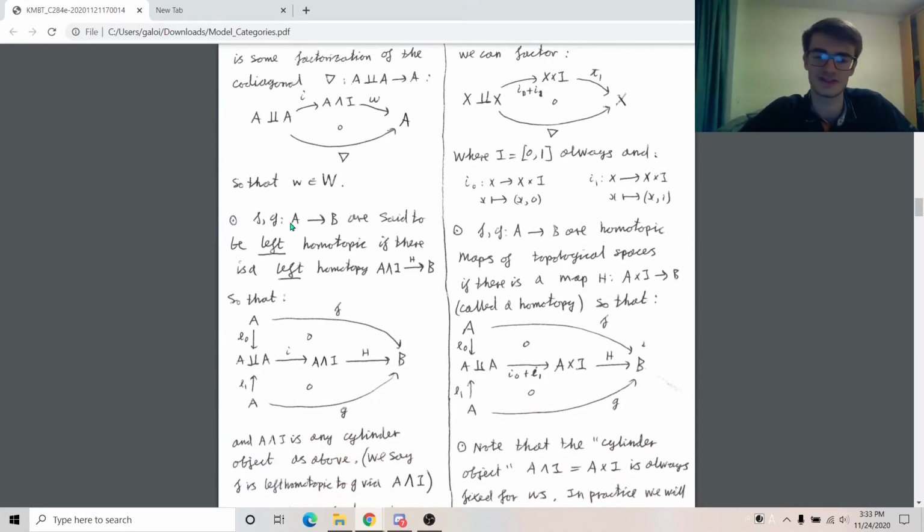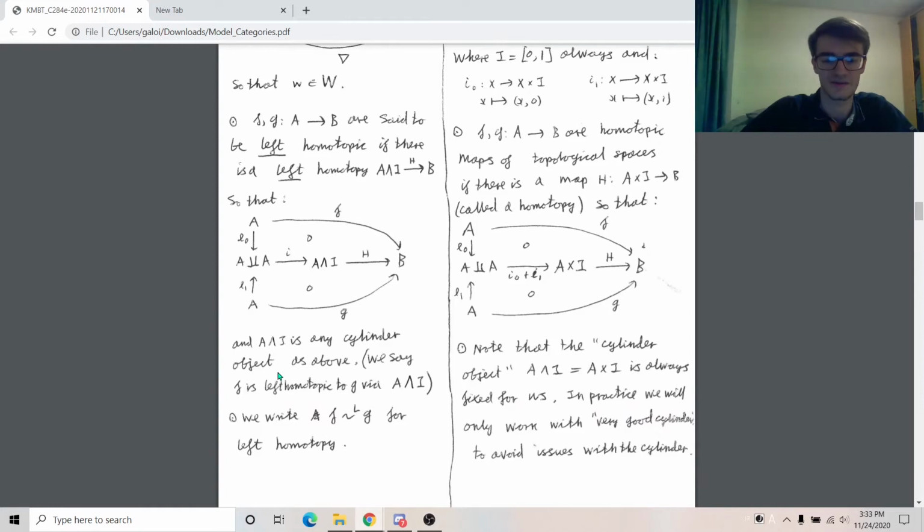Two maps f and g from A to B are called left homotopic if there is a left homotopy H from the cylinder object of A into B, making this diagram commute. This is in complete analogy to what happens in topological spaces. And I here is just a map that includes the two disjoint copies of A into the top and bottom of the cylinder object. But there is no top and bottom of the cylinder object necessarily.